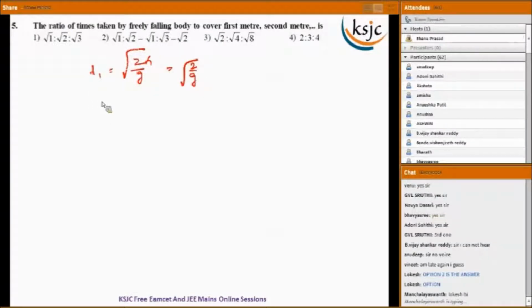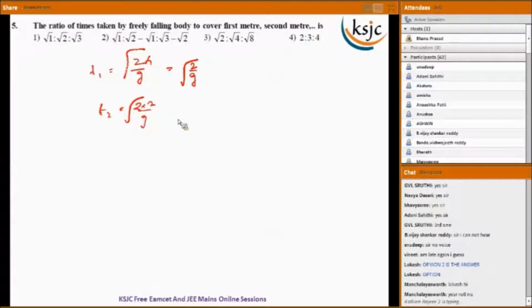Now in the second case, time taken for second 1 meter, you can calculate that as time taken for 2 meters minus time taken for 1 meter.